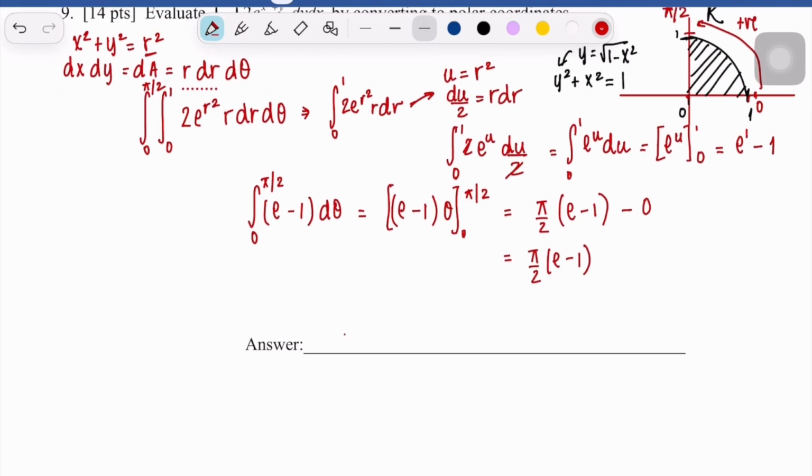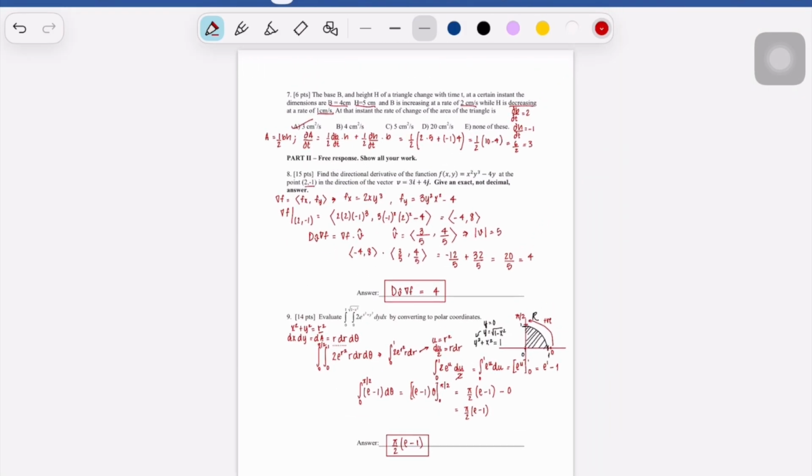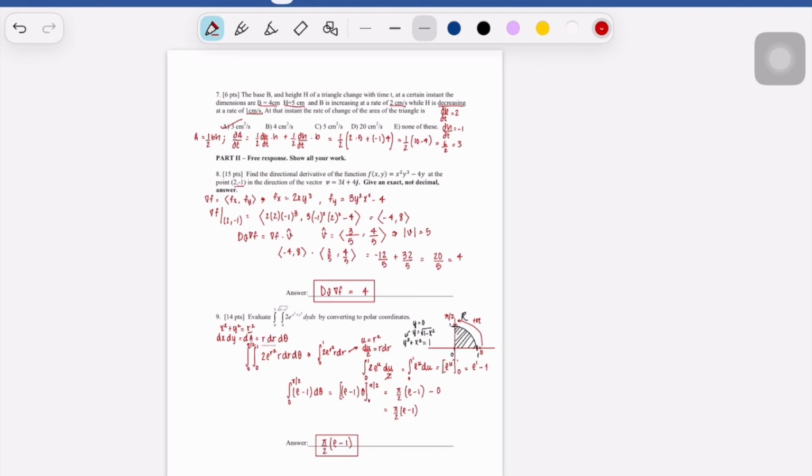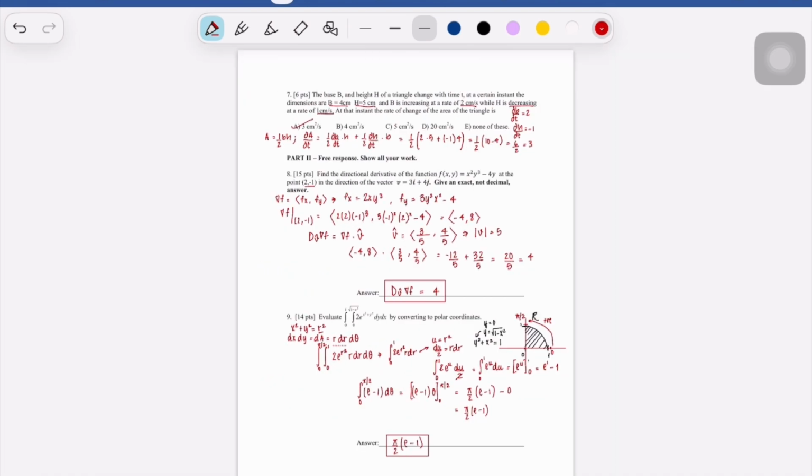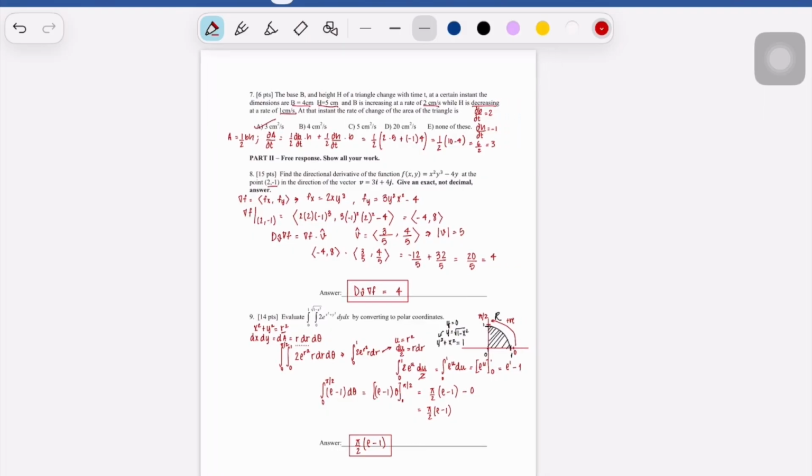So that's our final answer, pi over 2 times e minus 1. Okay. Yeah, so this is what our solutions should look like.